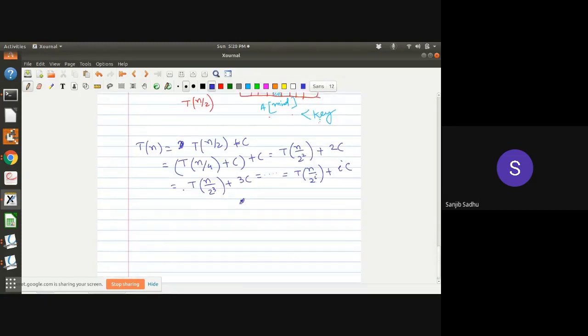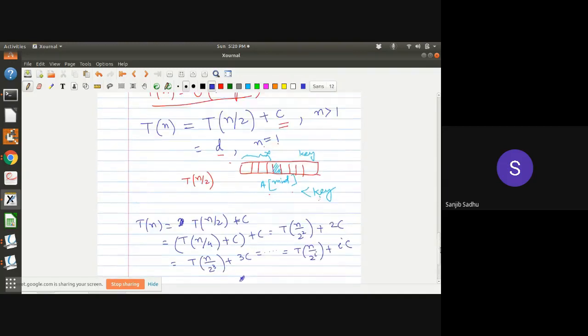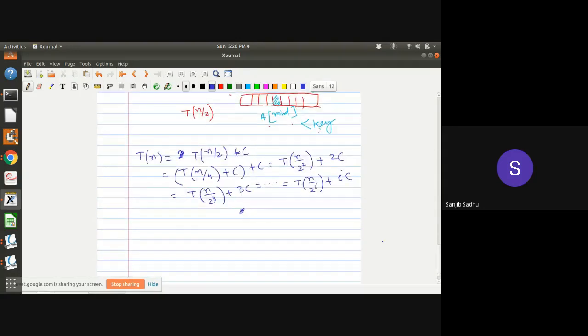Now I know that this will terminate when n equals 1. If n equals 1, then T(n) will be D. So n/2^i, you put it as 1, so that it becomes T(1) + i·C.